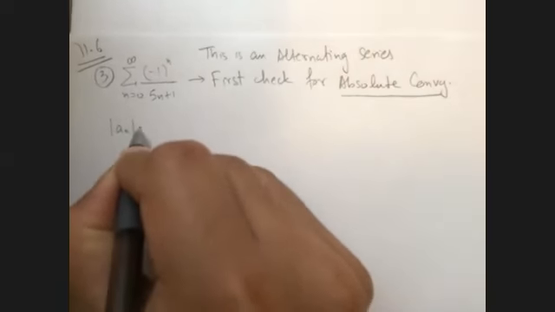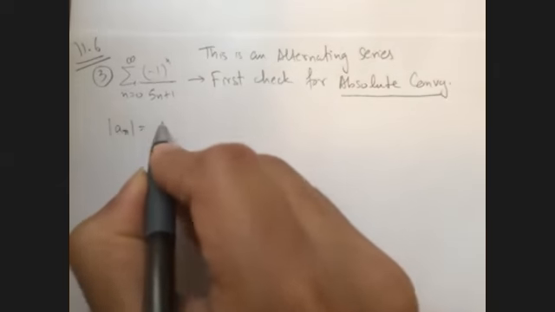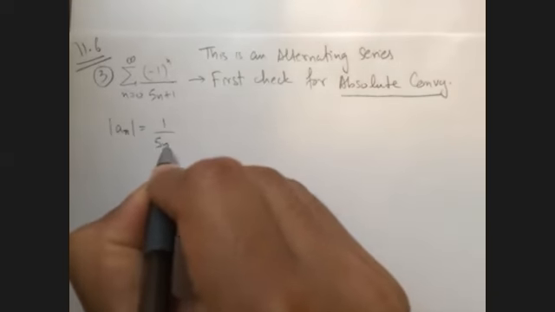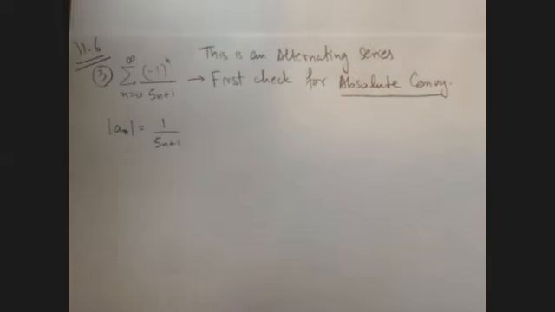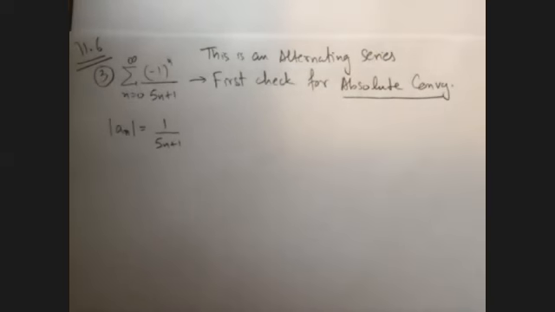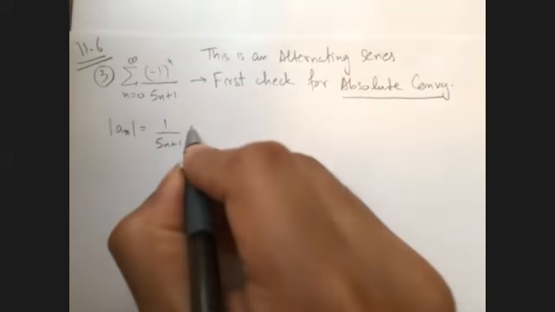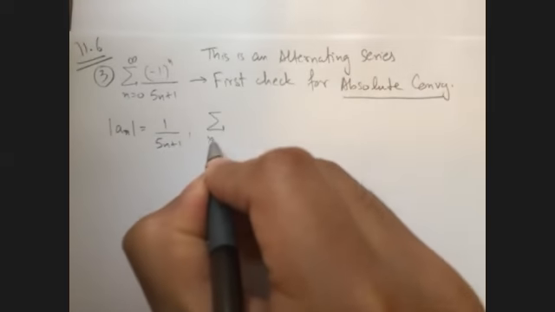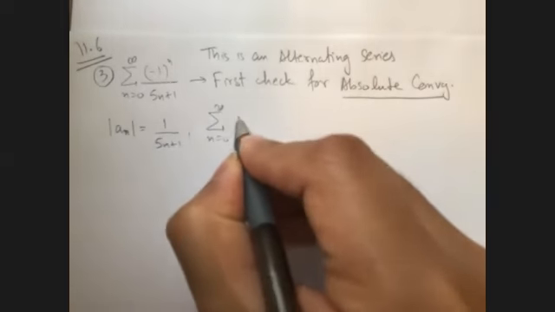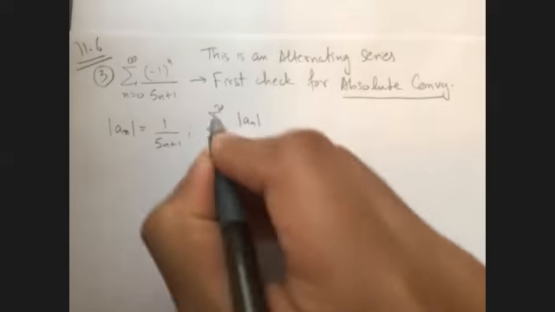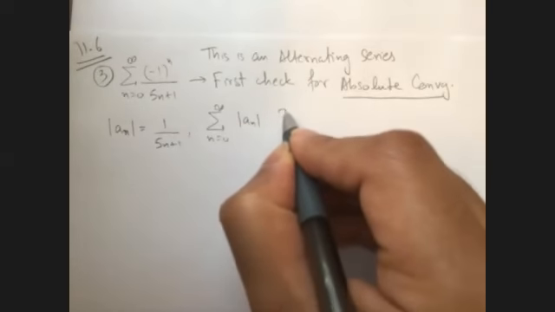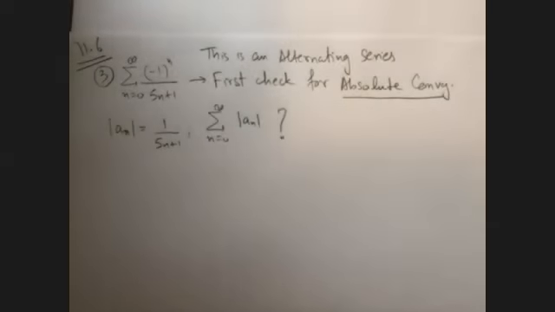the absolute value of a_n. So we have to check whether this series is convergent or divergent.